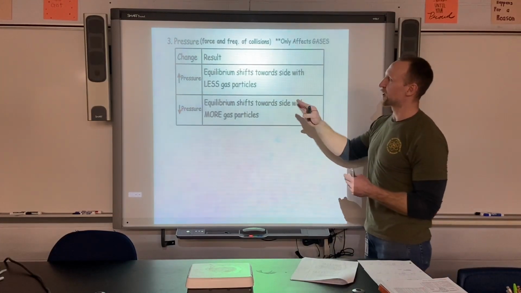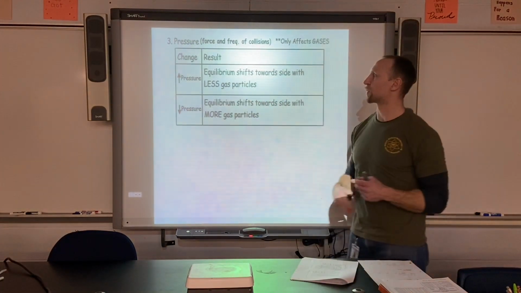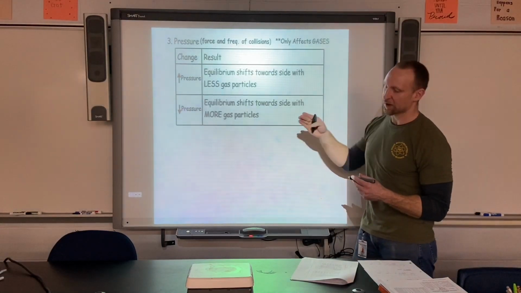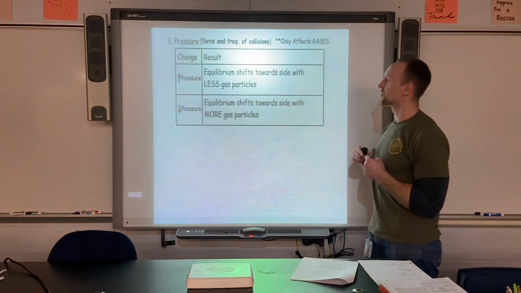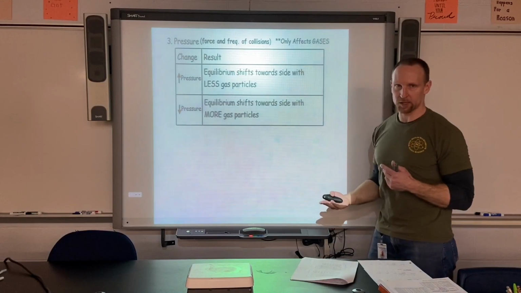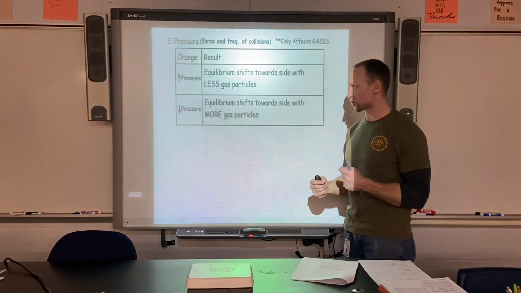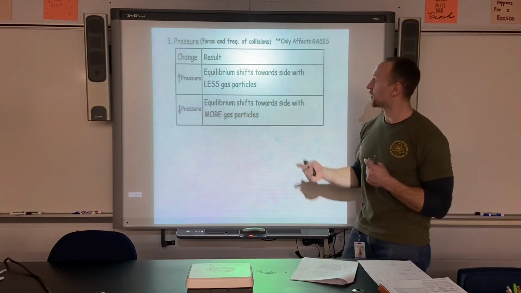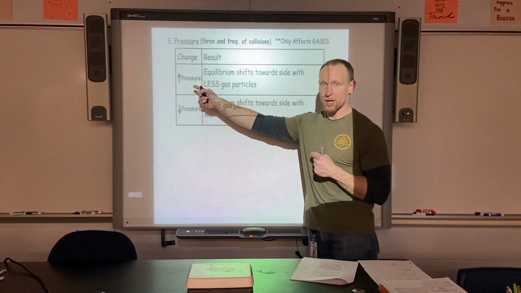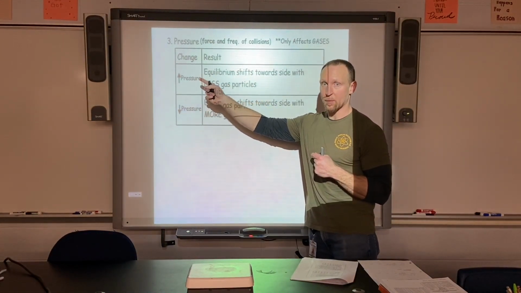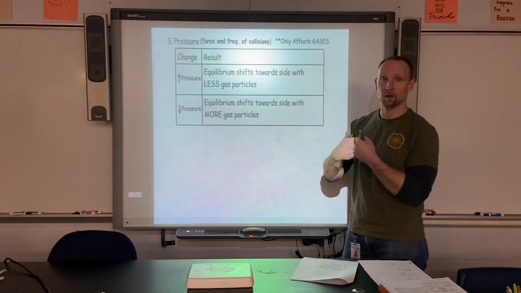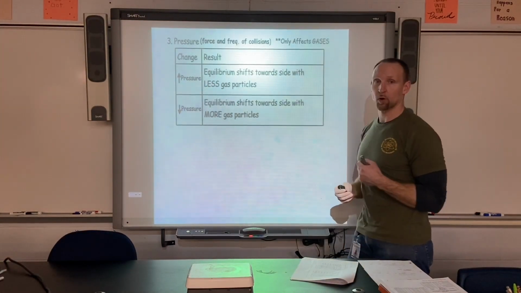If I increase the pressure, I'm going to shift to the side with less gas particles. And if I decrease the pressure, I'm going to shift to the side with more gas particles. Because remember the goal, we want to reduce the change. So if I increase the pressure, now my particles are going to be colliding into each other more often.